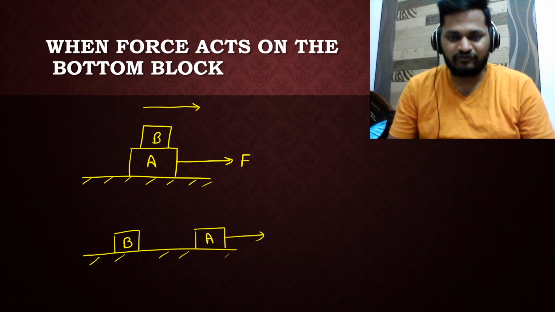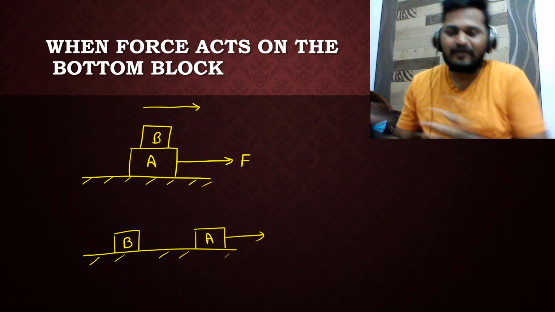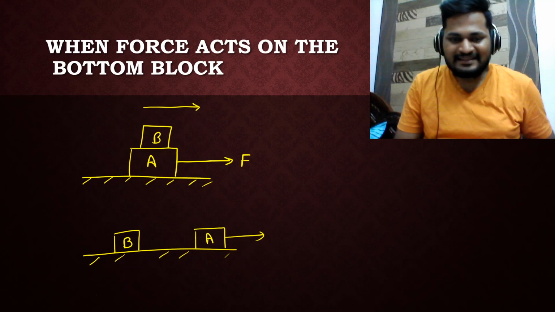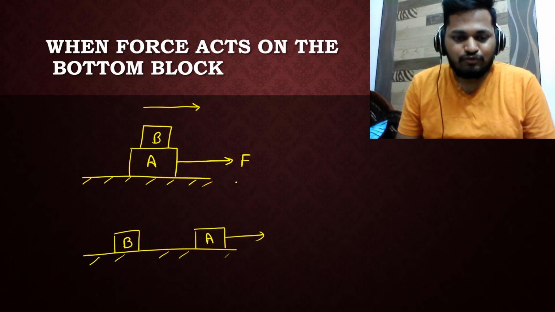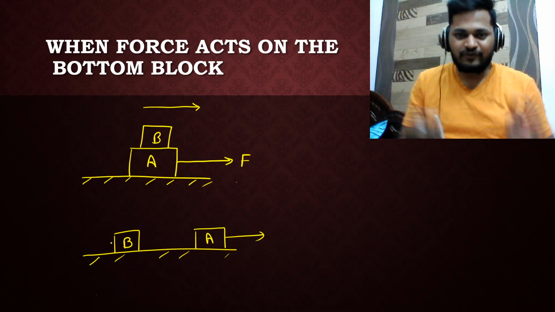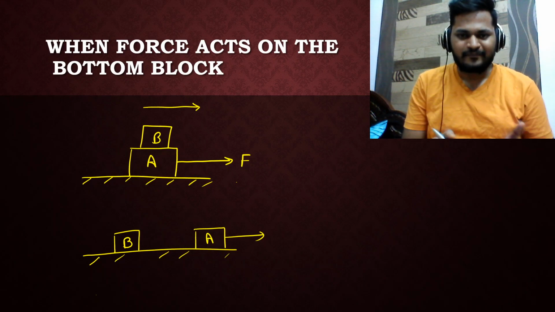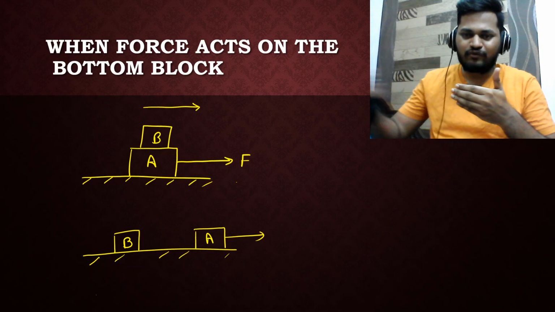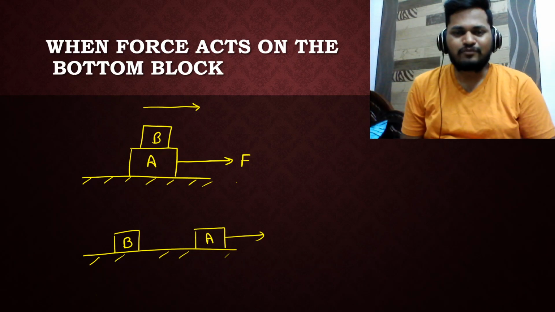If there is no friction, B should stay where it is and A should move forward. In that case, consider the relative motion of A as seen by B. If you are sitting on B and in front of you A is moving forward, how do you see the motion of A?